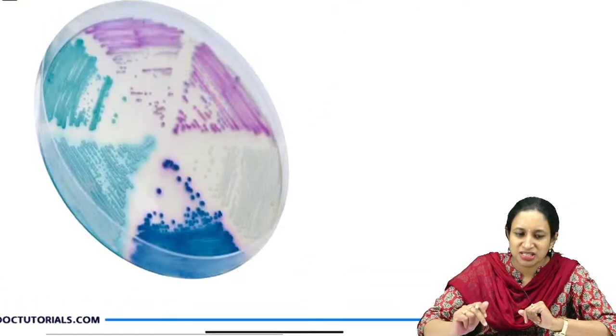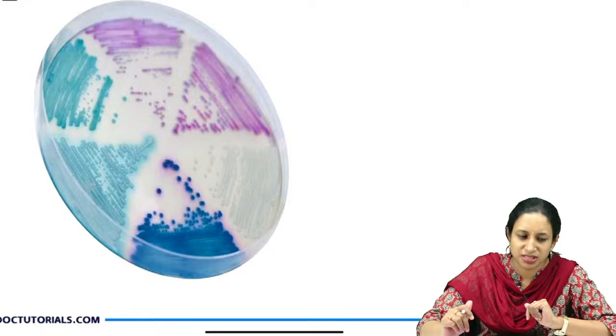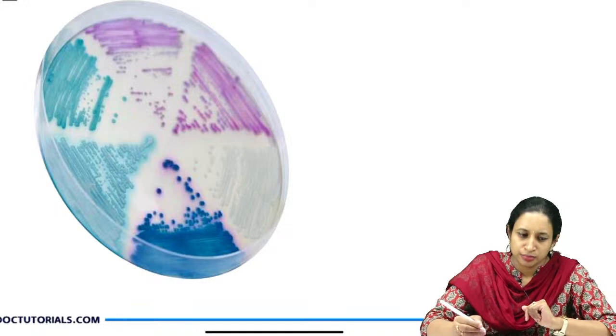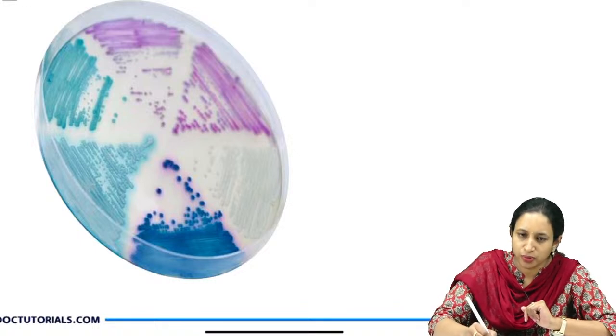Now, can you identify this particular image? What is this particular image trying to show you? So this particular image is, exactly, very good, chrome agar.